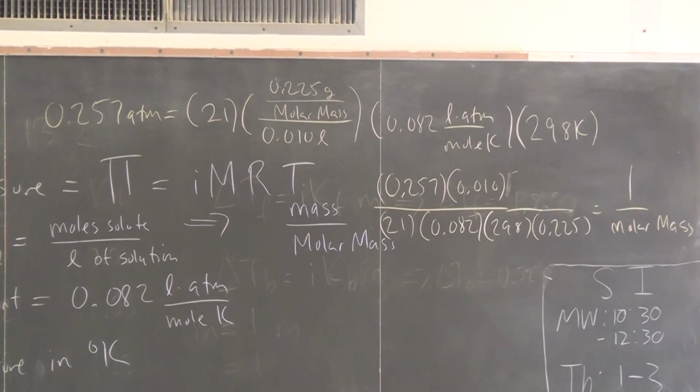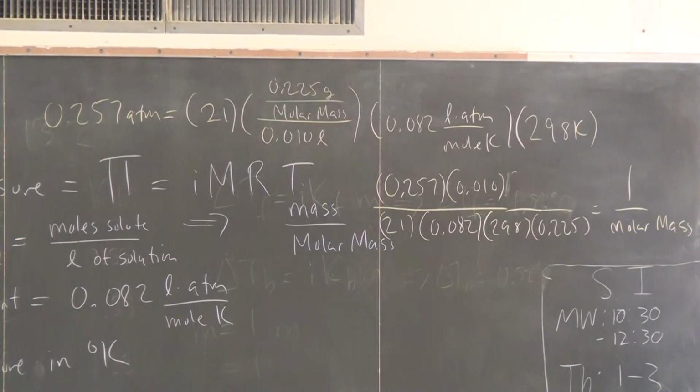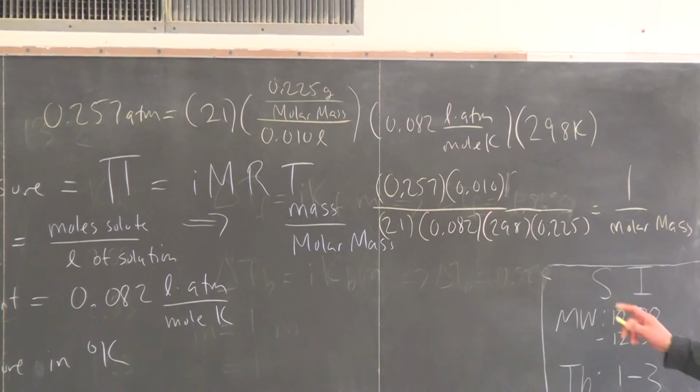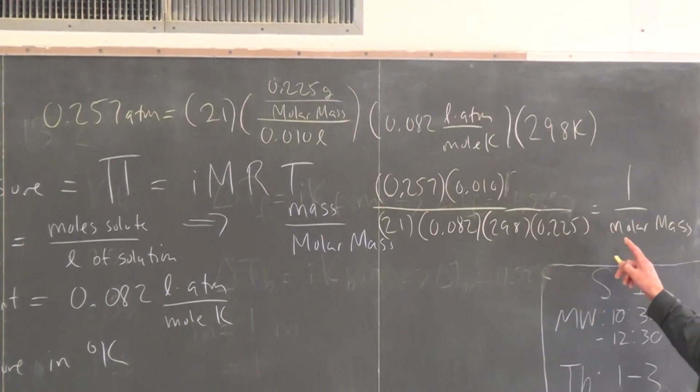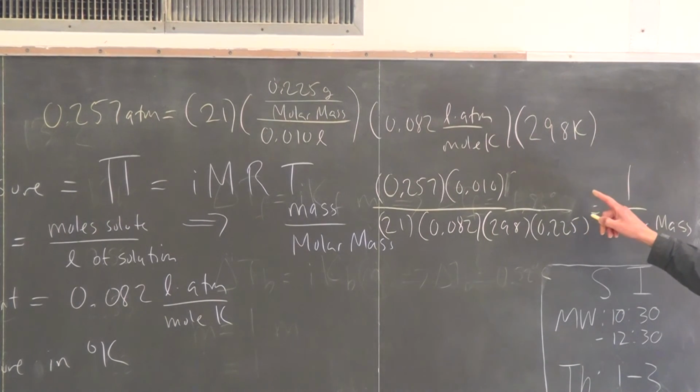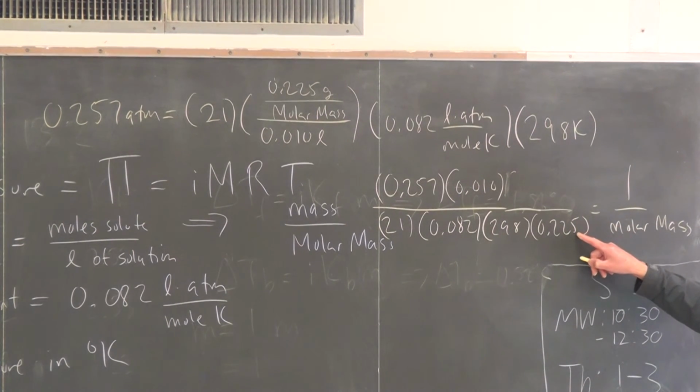Did I do my math here correctly? Then when you solve for molar mass, take the reciprocal of this number, 1 over it, and that should give you the molar mass.